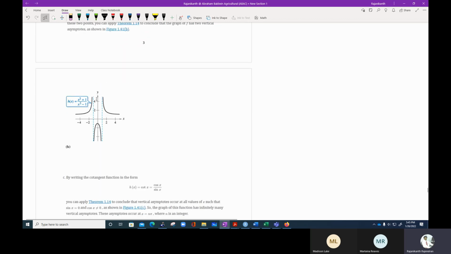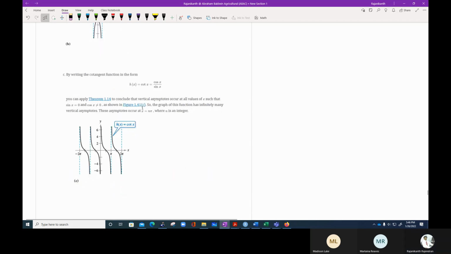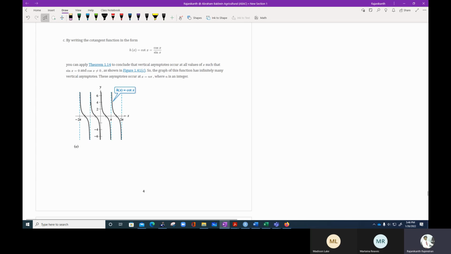Therefore, you find two vertical asymptotes, -1 and +1. If you graph the function, you will get a better understanding. The tangent function also has vertical asymptotes like this.